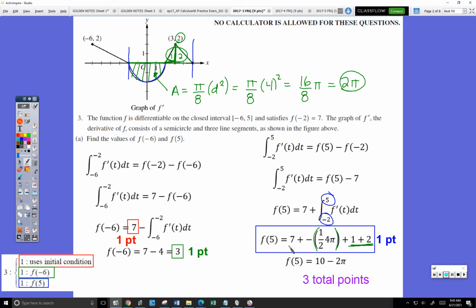So now we just add them all up. Again, this one counts negatively because it was area that was below the x-axis. So we have the 7, subtract the 2 pi, plus 3 more. That's why we get 10 subtract 2 pi. You don't have to simplify. You could stop at the blue box to earn that third point.